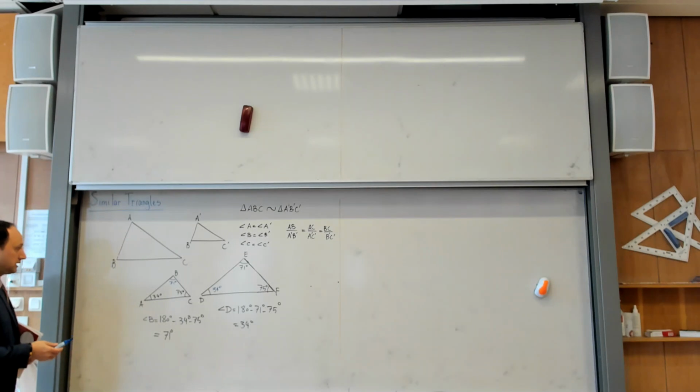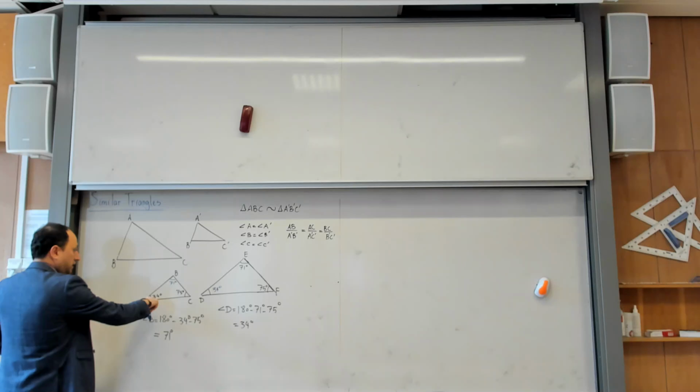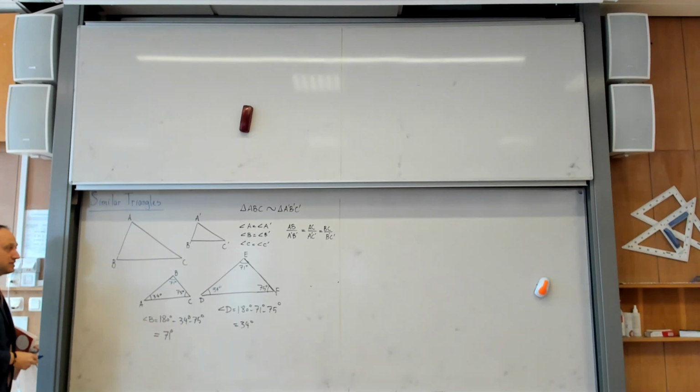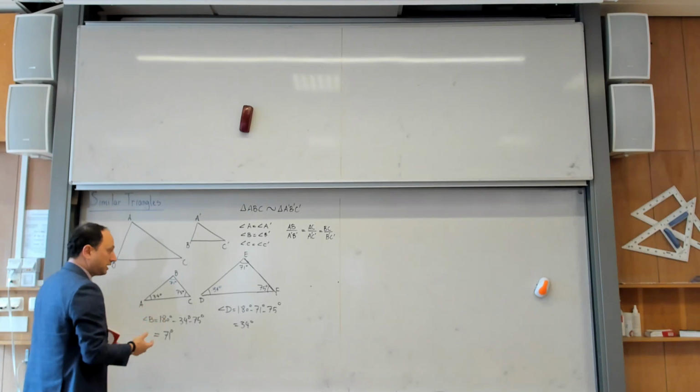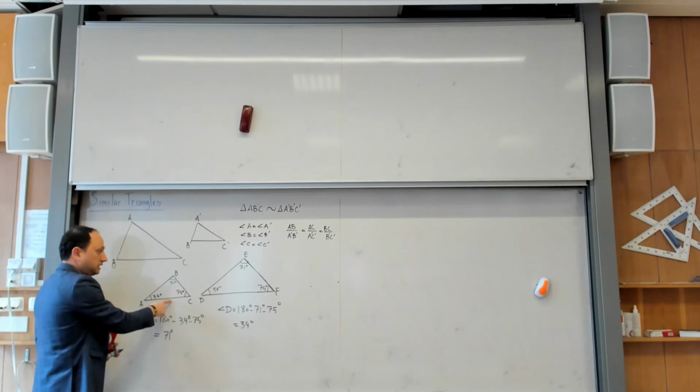But be careful that right now I know that all the angles of this triangle are correspondingly equal to the angles of that triangle. But that is not on its own enough in general to conclude that these 2 triangles are similar. Why? Because I do not have any information regarding the lengths of these sides, yes.